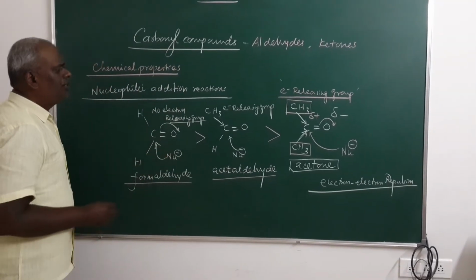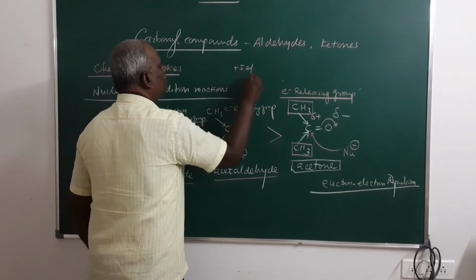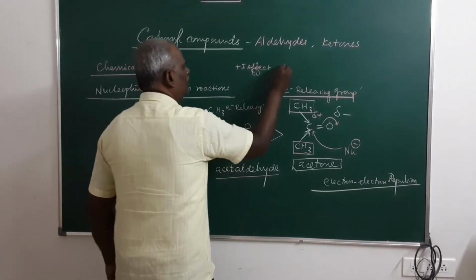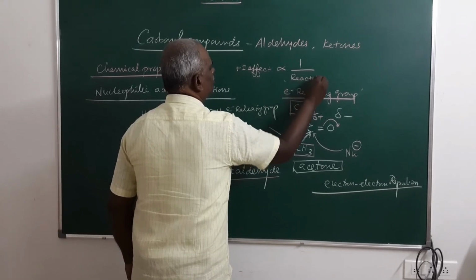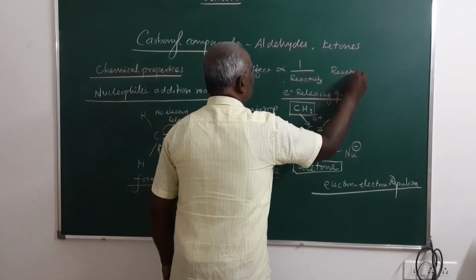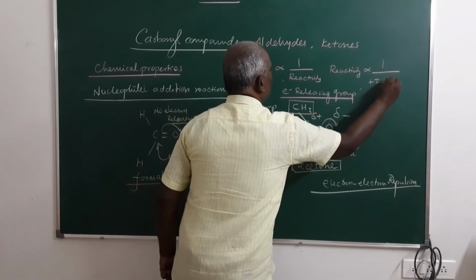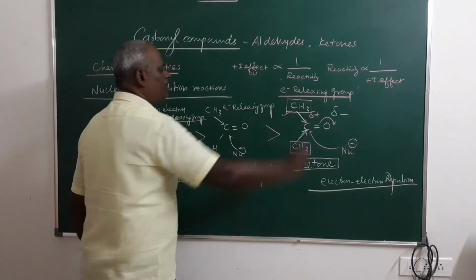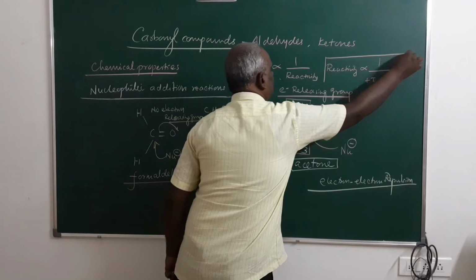This reactivity is based on the plus inductive effect. As the plus inductive effect increases, the reactivity decreases. Otherwise, we can say the reactivity with the nucleophile is inversely proportional to the plus I effect. In the case of acetone, the plus I effect is greater, so the reactivity is falling down.